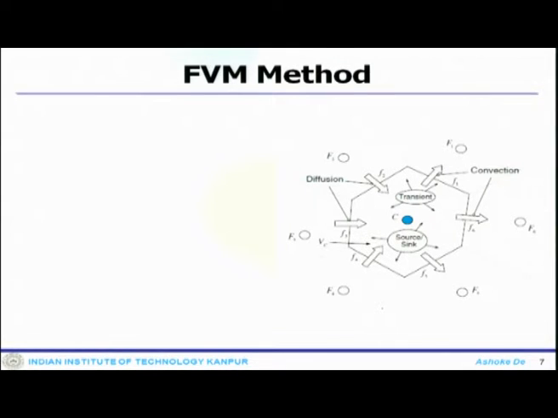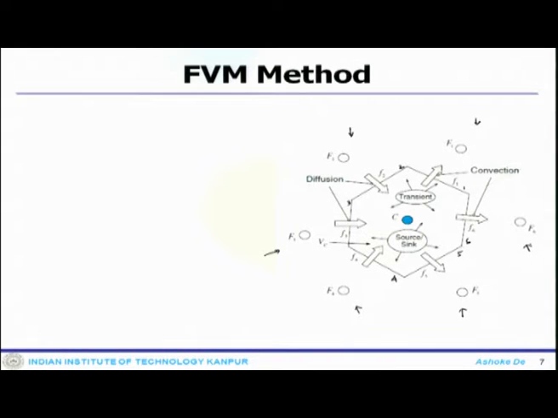If you look at this particular picture, let us say we consider one element C, and these are the faces marked as 1, 2, 3, 4, 5, 6, and the neighboring cells are F1, F2, F3, F4, F5, F6.